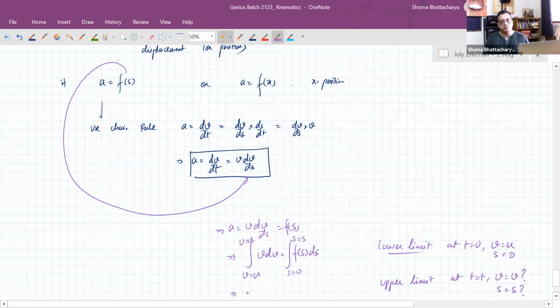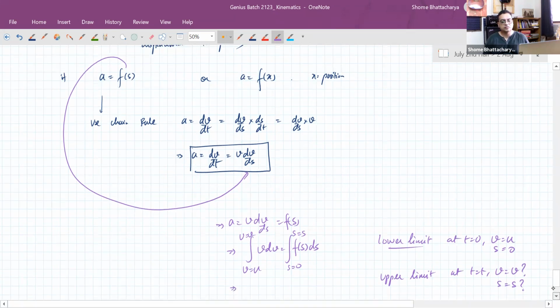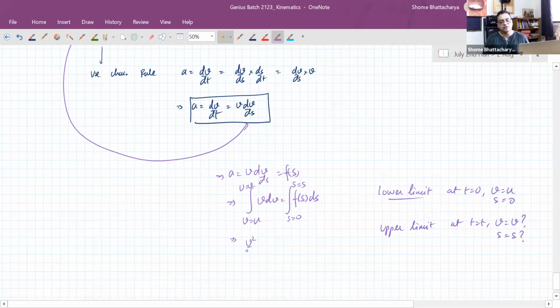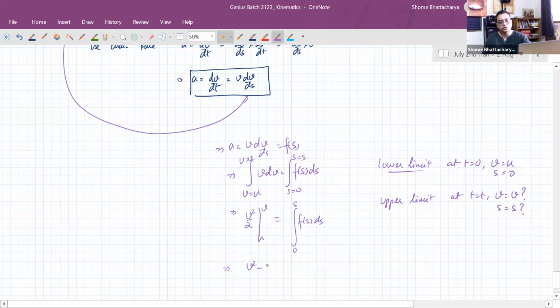So from this, on the left hand side we get v square by 2 from u to v. And on the right hand side we get the area under the acceleration versus displacement graph from 0 to s. So v square minus u square by 2 is equal to this from 0 to s.